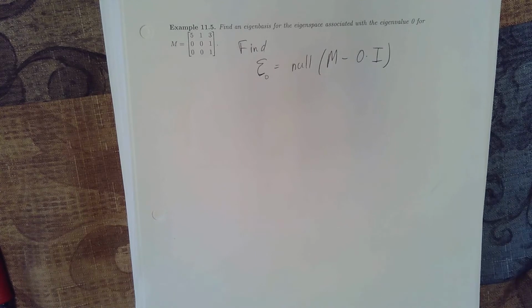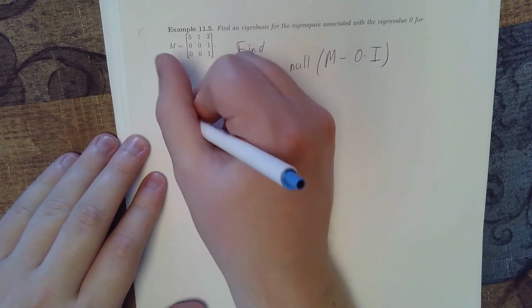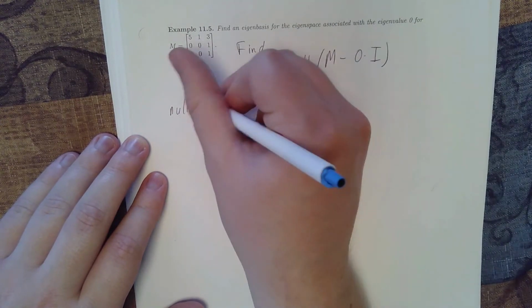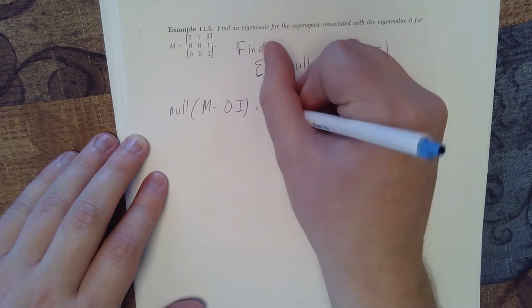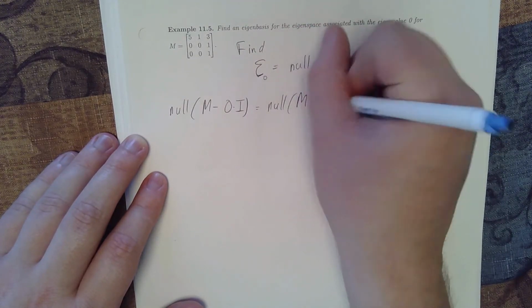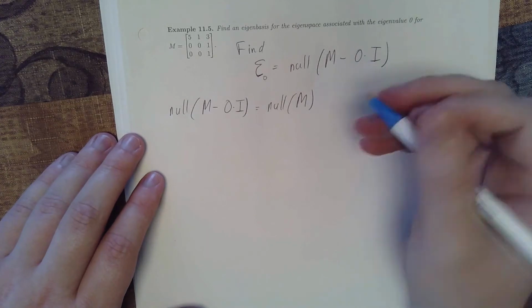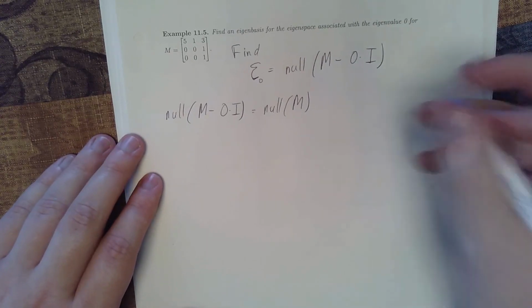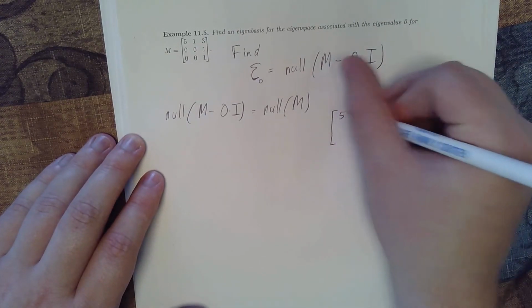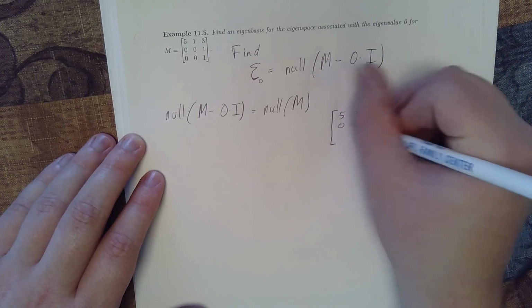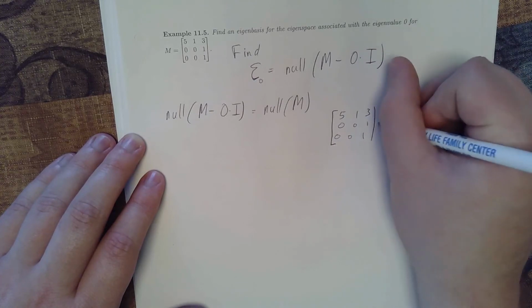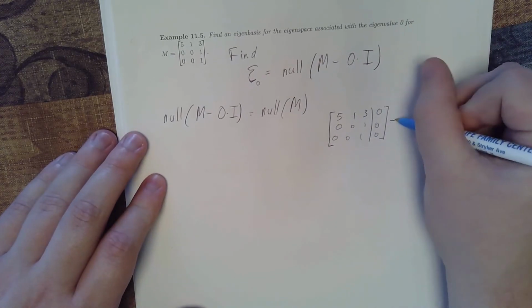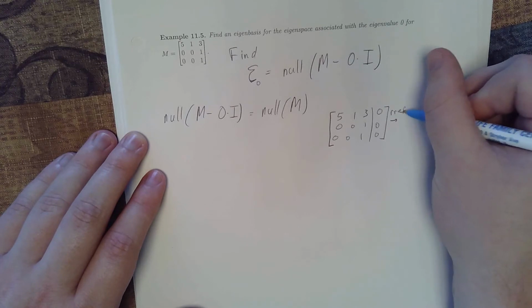We'll write it as a span, and then we'll verify that we have a basis. The null space for M minus 0 times the identity is just the null space for the matrix. So to find it, we'll take 5, 1, 3, 0, 0, 1, 0, 0, 1, augmented with zeros, and get its reduced row echelon form.